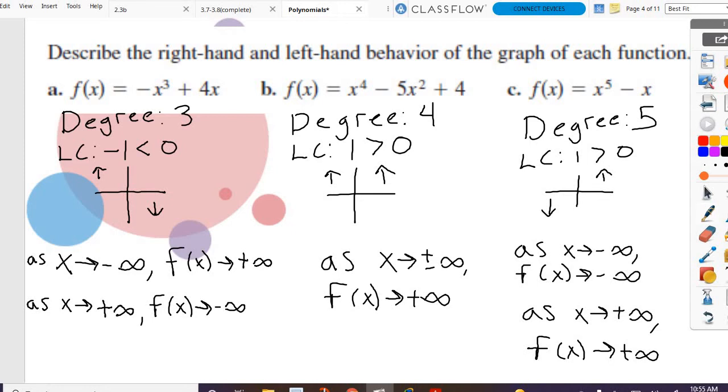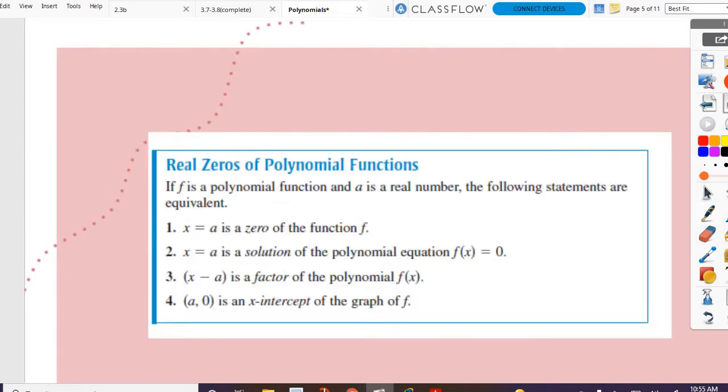Alright. So, next up, we're talking about zeros. We've talked about this slightly before, so you don't have to write all of this down. Basically, what you need to know is that having a zero, a solution, a factor, or an x-intercept all mean the same thing.